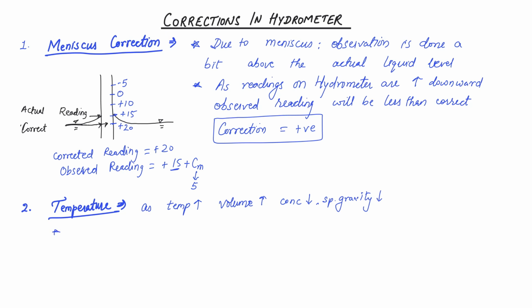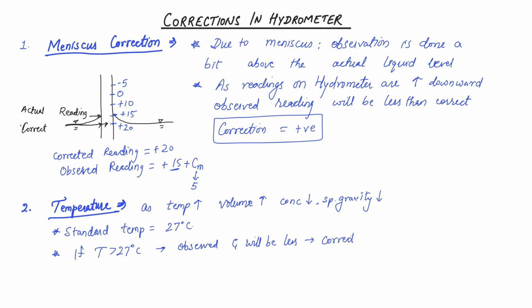And if I ask you the standard temperature at which the test should be conducted, the standard temperature is 27 degrees centigrade. So if the temperature is more than 27 degrees centigrade, the observed specific gravity will be less. Yes or no? Why? Because the temperature is more, things expand, and as the specific gravity is less, the correction should be to increase it, so the correction should be positive.